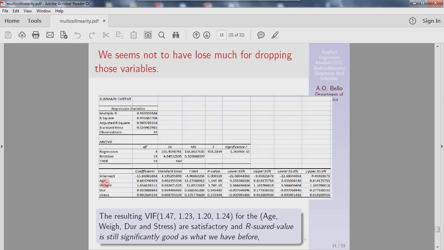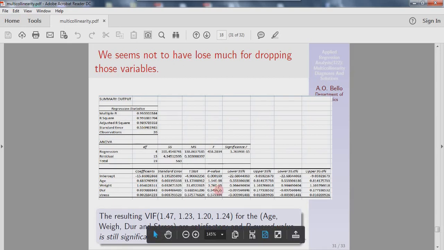Let's look at the individual independent variables after we have removed the ones that are redundant and causing multicollinearity. Age is still significant, weight is significant, duration though not significant, but they are having a very good contribution to the model.